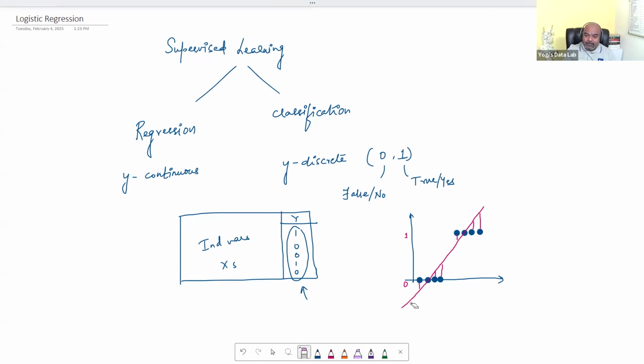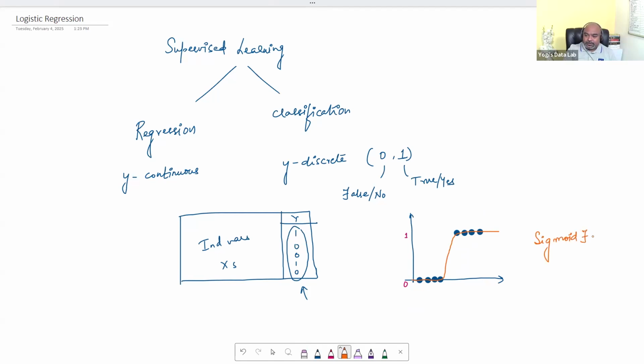Instead, if I try to go with another line, let us say a curve, something like this would justify all the points. So this is not a linear curve, it is a nonlinear curve, and it is given the name sigmoid function.